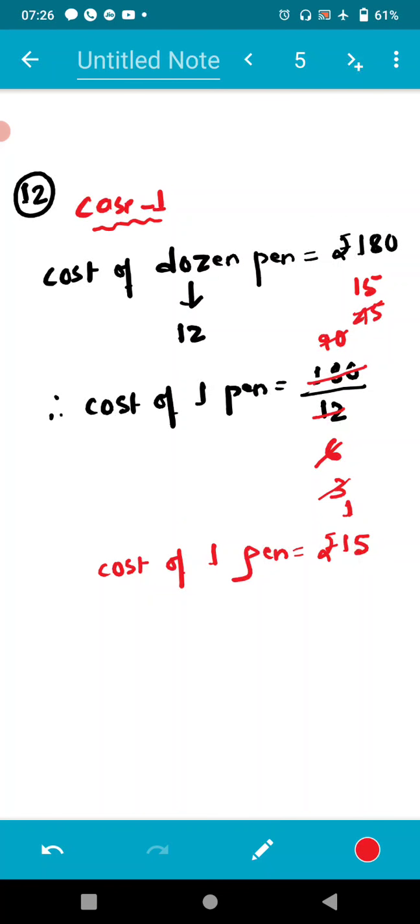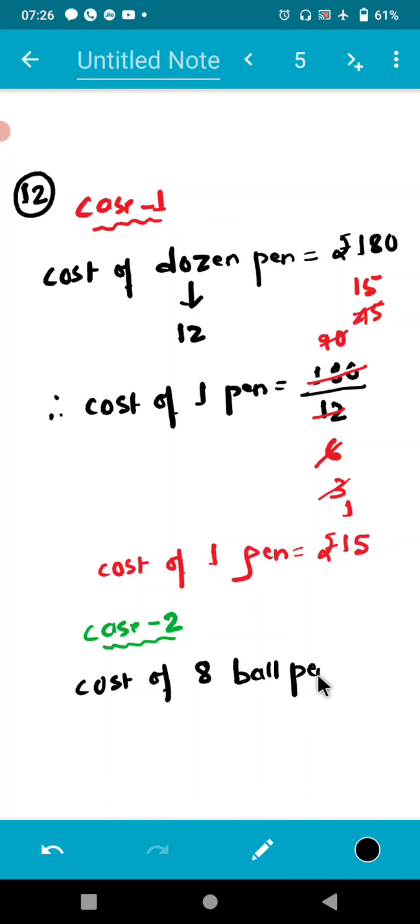Okay, now let's move on to the next case, case 2. Now in case 2, what we have? In case 2 they have said that the cost of 8 ball pens, okay, not pen, ball pen. So cost of 8 ball pen is equals to rupees 56.